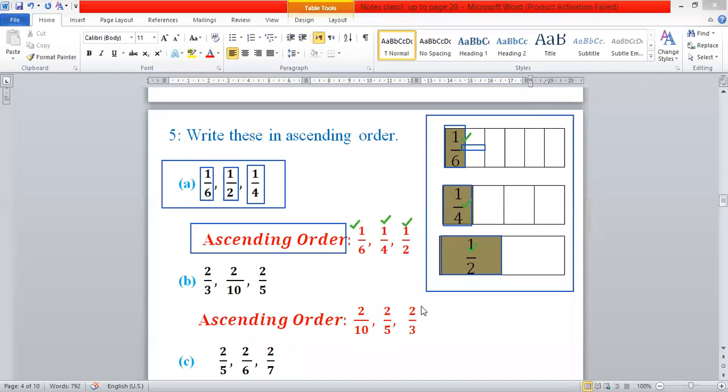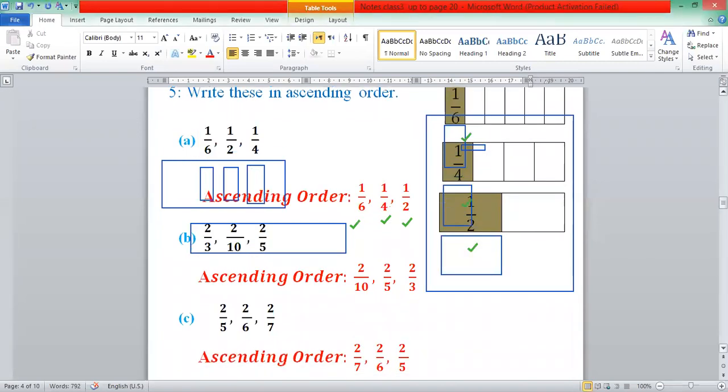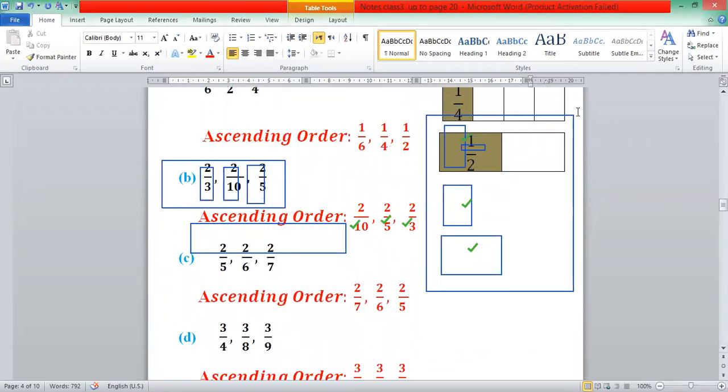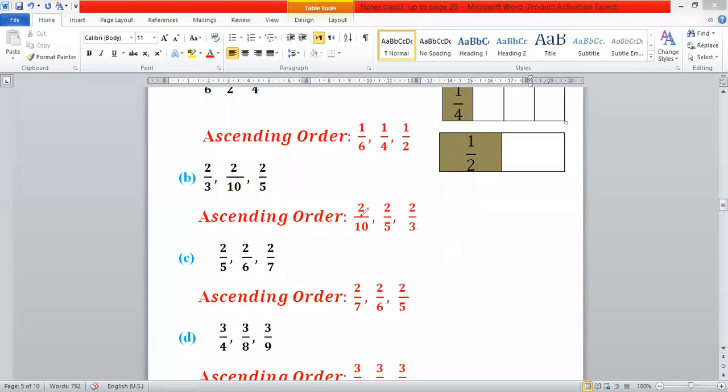In part B, it is 2 over 3, 2 over 10, 2 over 5.